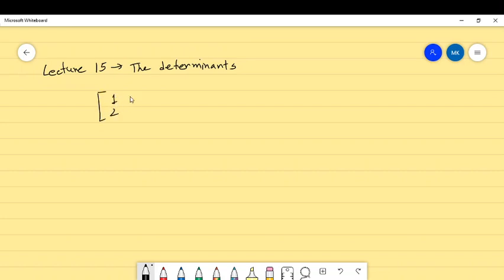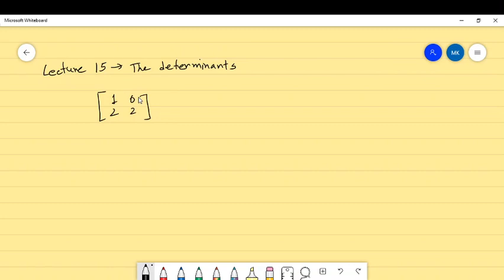These 2 by 2 matrices or 3 by 3 matrices were doing the task of linear transformation. Generally, a linear transformation sometimes stretches things out and sometimes squeezes things in, right? So the determinant is a tool to measure exactly how much things are being stretched out or squished in.